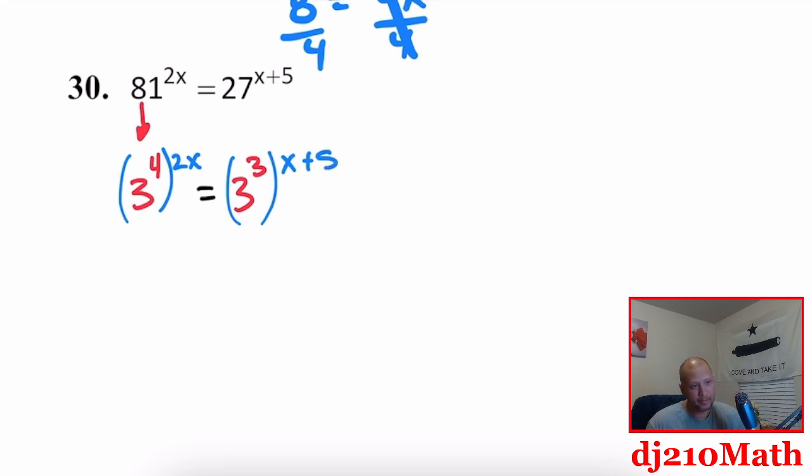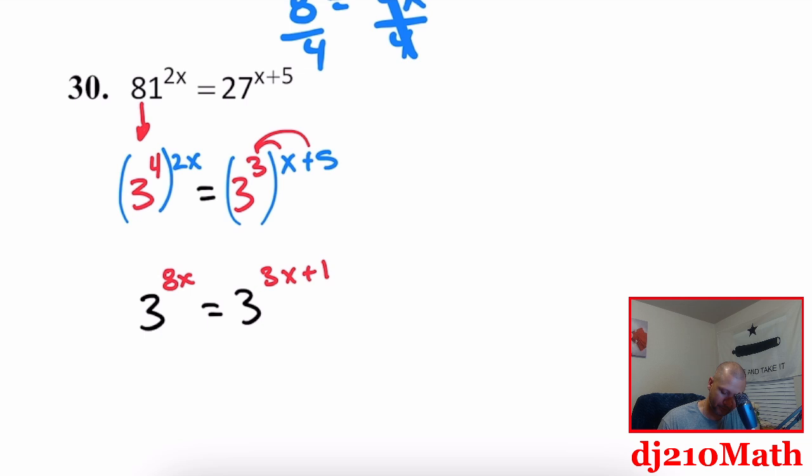All right, properties of exponents, right? When you have a power raised to a power, you multiply. So this is 3 to the 4 times 2, which is 8x. This is equal to 3, we distribute, right? Because power raised to power you multiply.